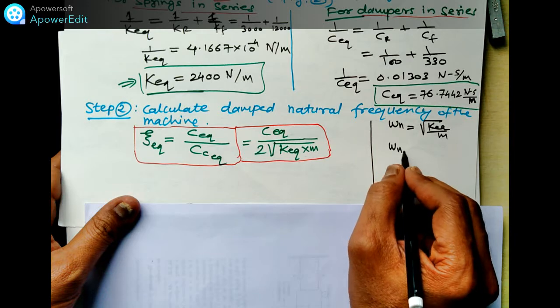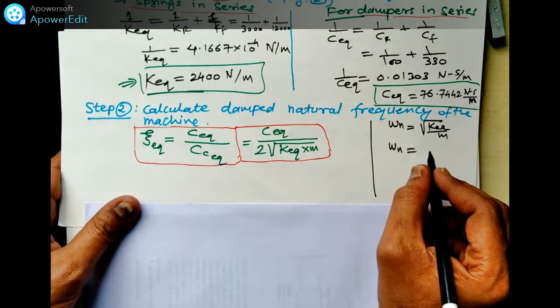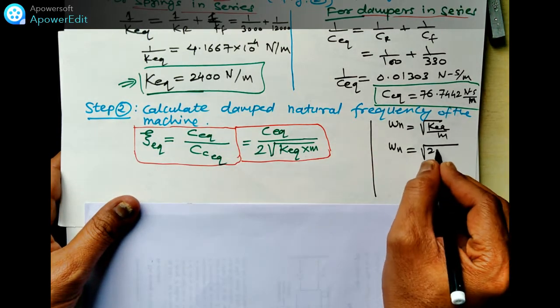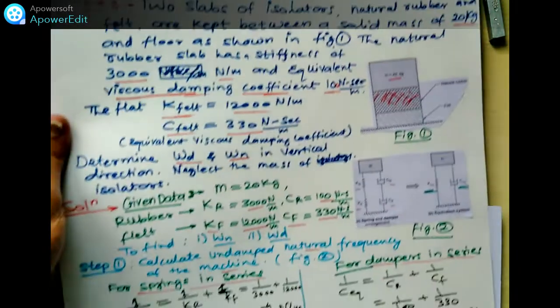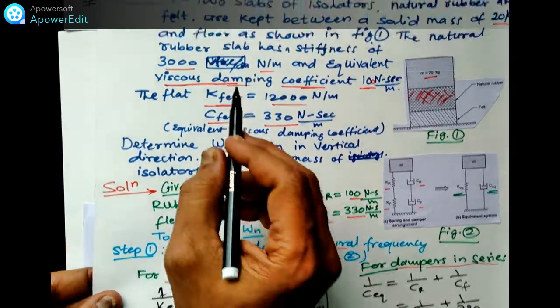So omega n equals under root of 2400 upon m, and m is given in this numerical as 20 kg.